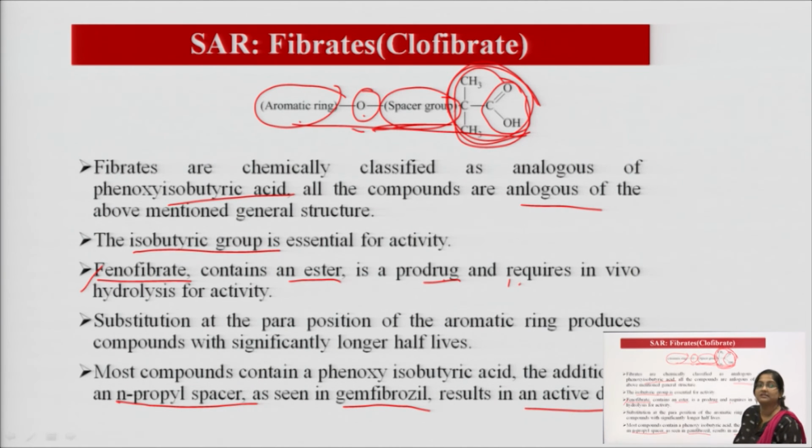So, there are certain modifications done in the full structure of your fibrates, that is clofibrate. We can have many analogous, many derivatives of your active fibrate units like phenofibrates, and here is the gemfibrozil.